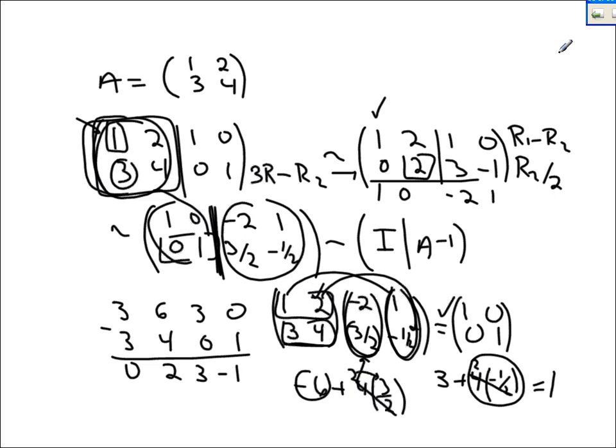Okay, if you can't reduce the given matrix to the identity matrix, you can't find an inverse. That given matrix is singular.